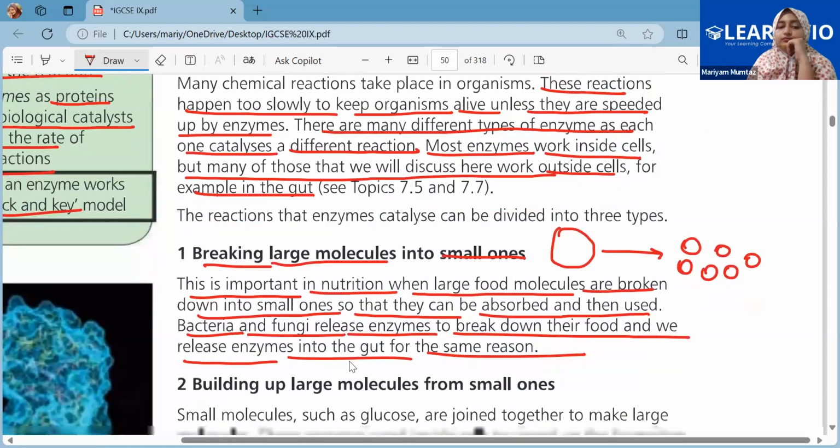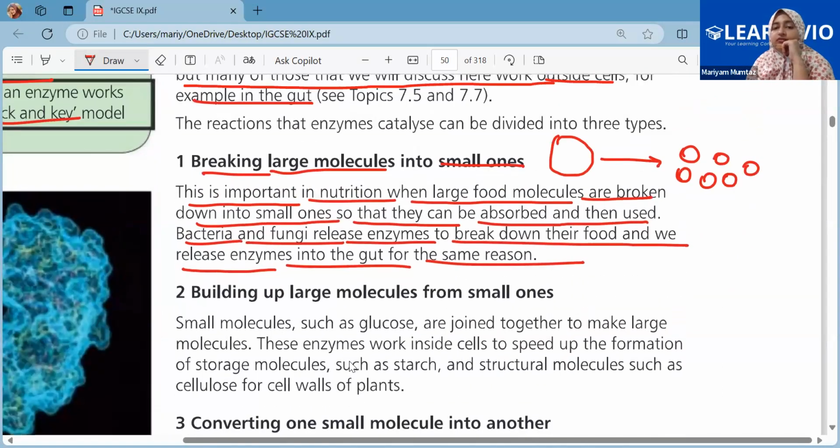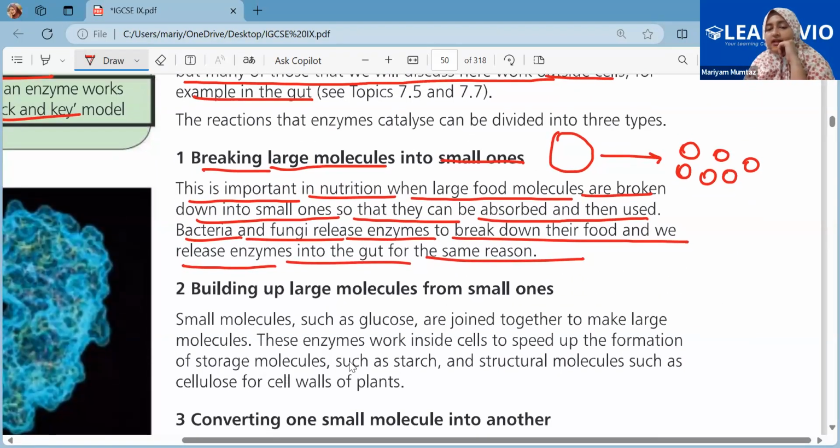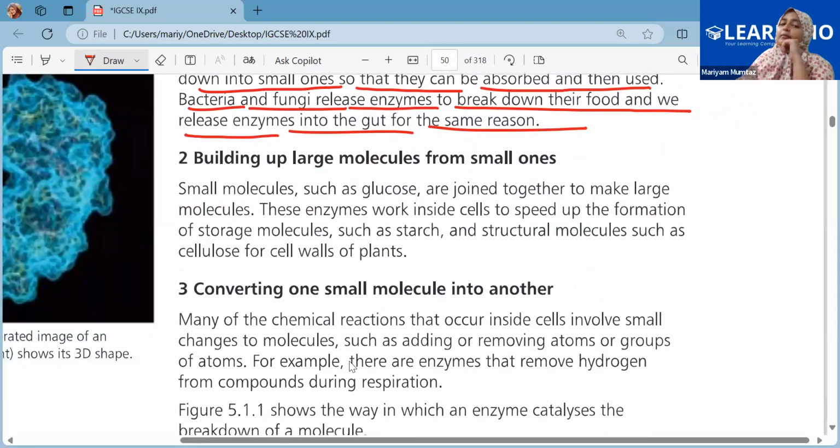Now the second type of enzyme catalysis is the building up of large molecules from small ones. The first one was from large molecules being broken down into small ones, but here the small ones are being used to make the large molecule. Small molecules such as glucose are joined together to make large molecules.